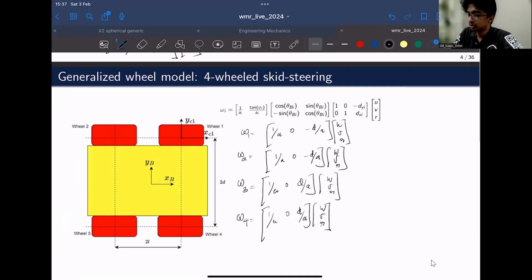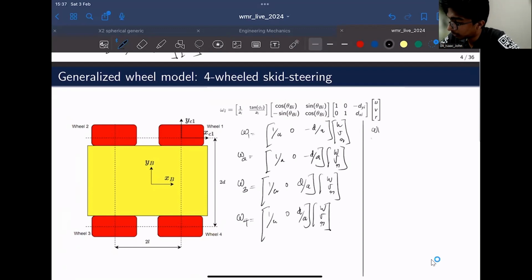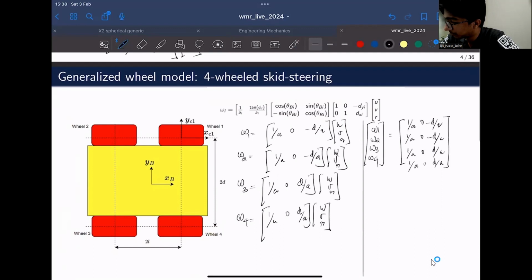So if you club everything together, you can write it in matrix and vector form. Omega 1, omega 2, omega 3, omega 4 would simply be 1 by A, 0, minus d by A, 1 by A, 0, minus d by A, 1 by A, 0, d by A, 1 by A, 0, d by A, times UVR.